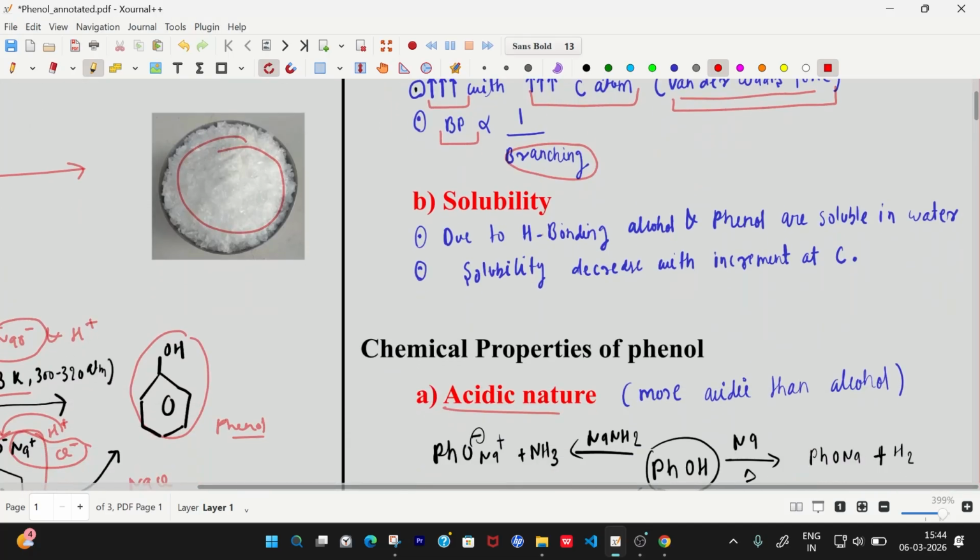Second property is solubility. Due to hydrogen bonding, alcohols and phenols are soluble in water, and solubility decreases with increment in carbon, because with increment in carbon we have steric hindrance and there will be less hydrogen bonding.